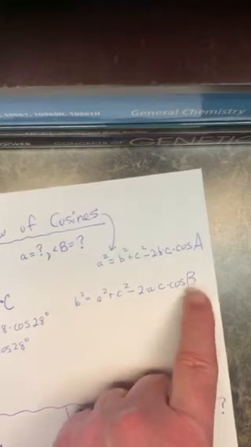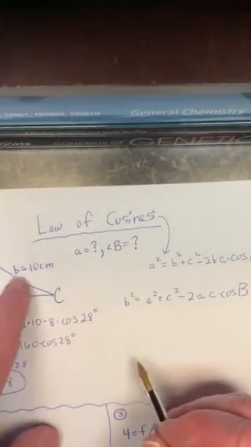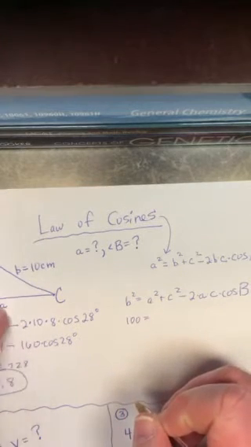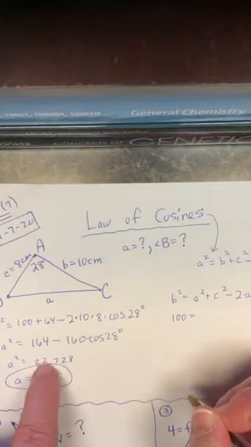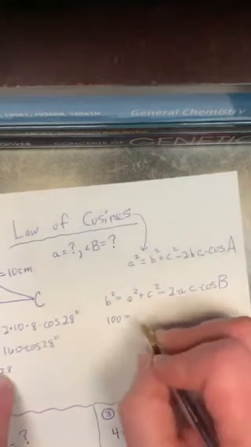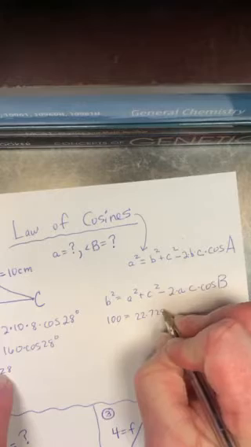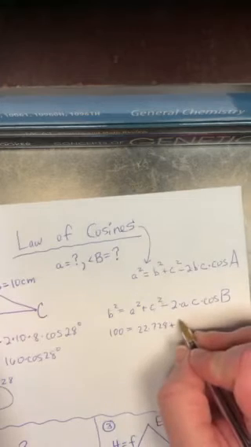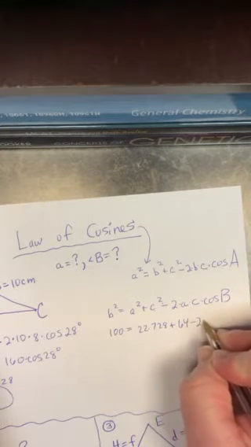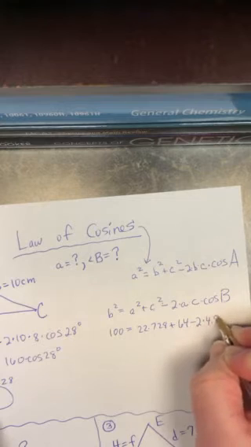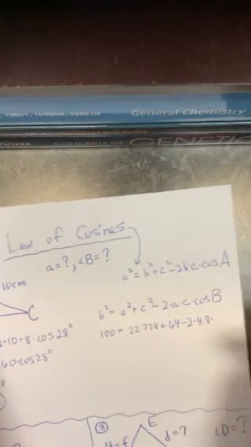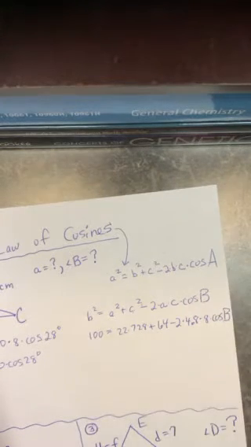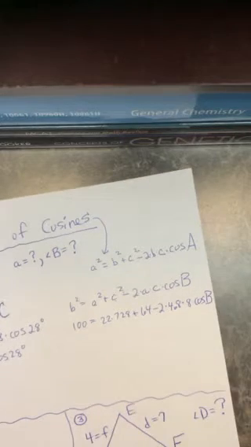So here we go. B squared would be, what, 10 squared? So that's 100. A squared would be 4.8 squared, which was that 22.728, remember? So that's 22.728 plus C squared, which is going to be, what, 8 squared? 64 minus 2 times A, which is 4.8, times C, which is 8, times the cosine of capital B. Now, careful when you clean this up.